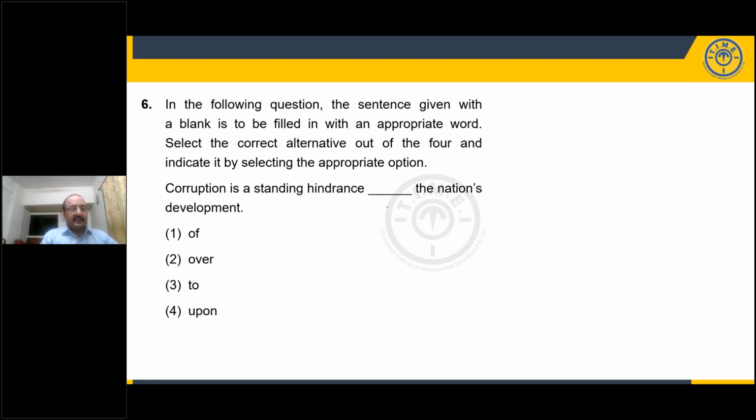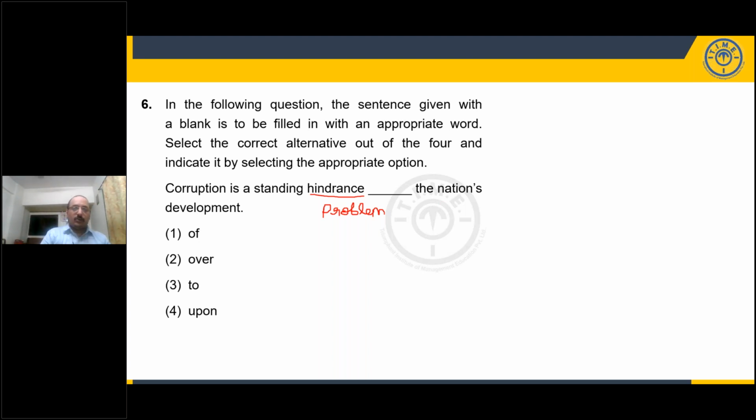Corruption is a standing hindrance dash the nation's development. Hindrance is a kind of obstacle or a kind of problem. Now some words in English are always used with certain prepositions. For example, I say he's elder to but older than, something like that. So on similar lines, I am always a hindrance to somebody.